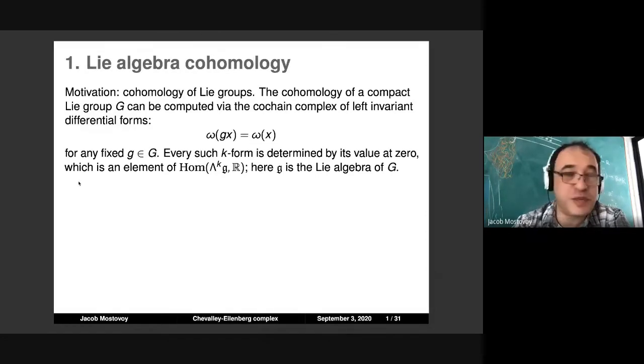So one of the possible motivations for the study of Lie algebra cohomology is to study the cohomology of Lie groups. And the thing is that if you have a compact Lie group, well, a Lie group is a manifold. So in order to calculate the cohomology of a manifold, you can use de Rham cohomology. And of all the differential forms on a Lie group, we can restrict our attention only to left invariant differential forms.